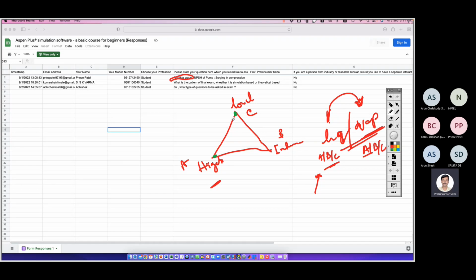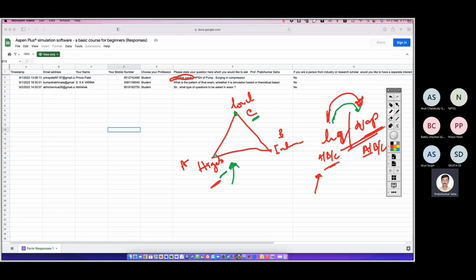As you increase the temperature, as the components start moving from liquid to vapor, initially the highest volatile component will move first.